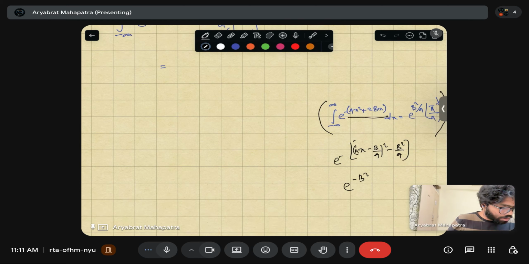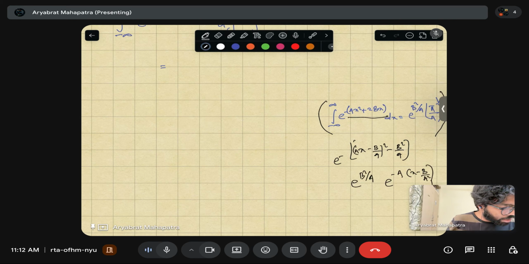Once you get that, it would be exponential of b square over a, and then whatever other exponential is left over is of some perfect square type form, something like x minus b over a squared, integrated over x.